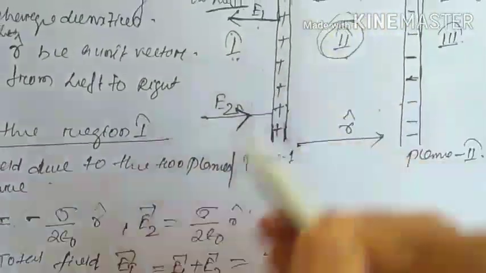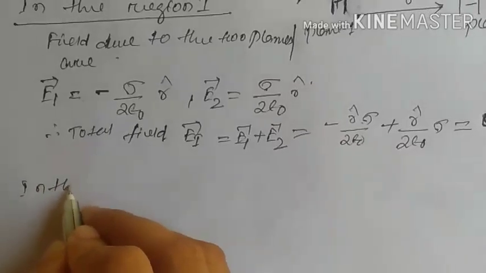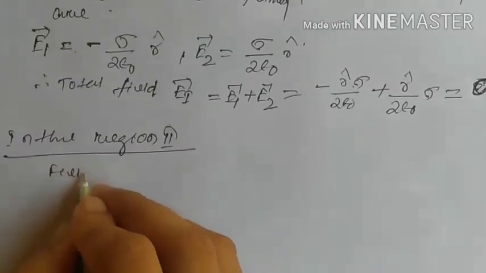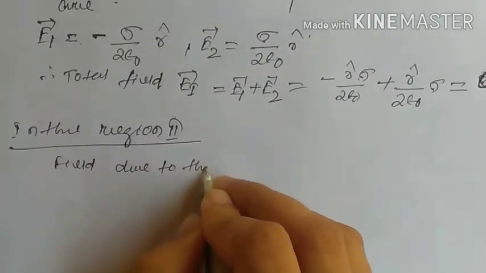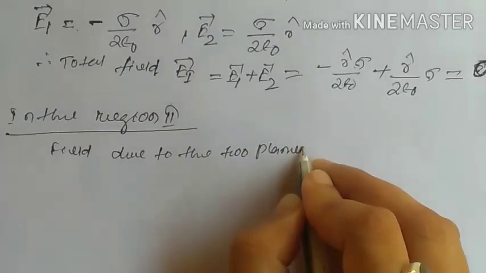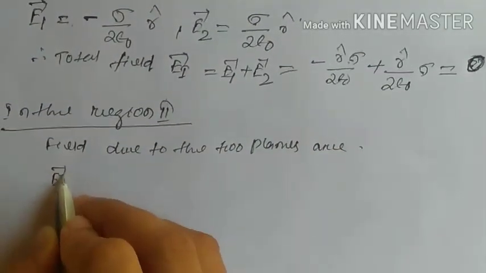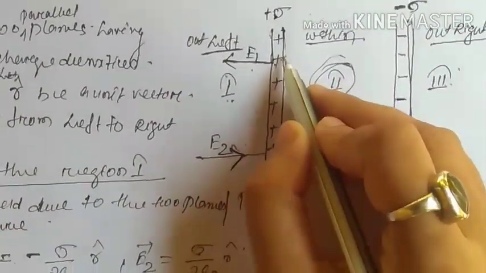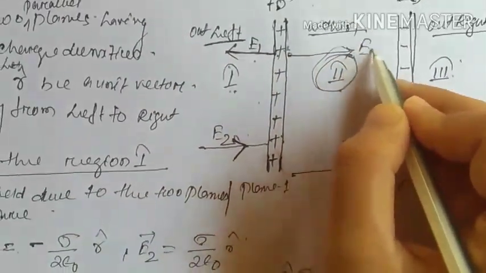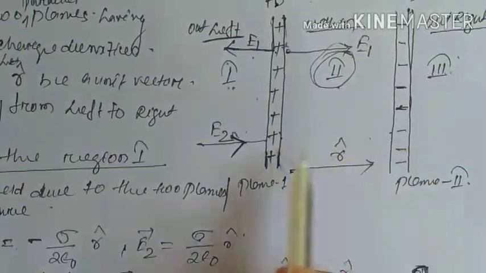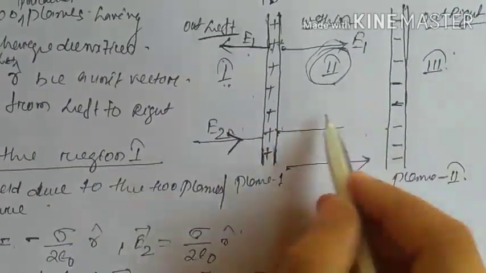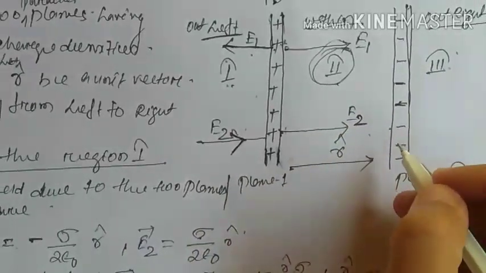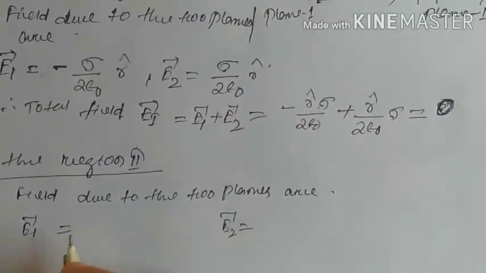Now for region 2, the second one. In region 2, the field due to the two planes are E1 and E2. E1 is due to plane 1, in this direction. Then E2 is always directed towards the negative charge, so it is in this direction.